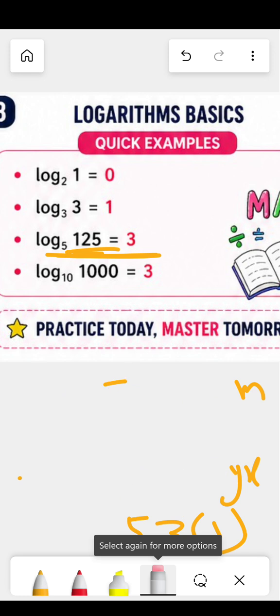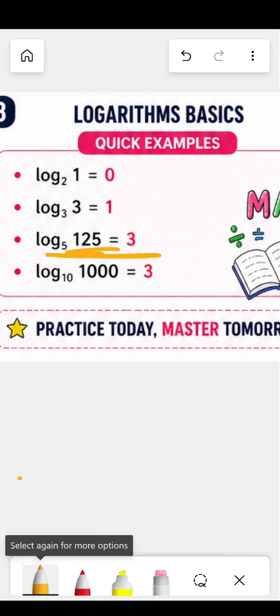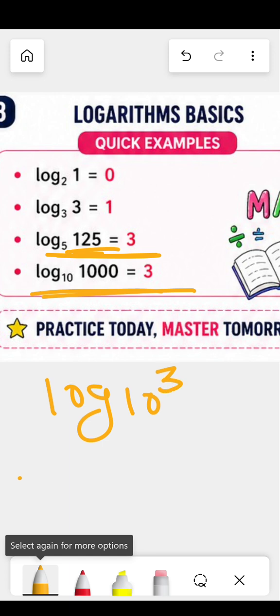So next one, log 1000 base 10 is equal to 3. How is log 1000 base 10 equal to 3? 1000 can be written as 10 into 10 into 10, 10 power 3, and the base is 10.